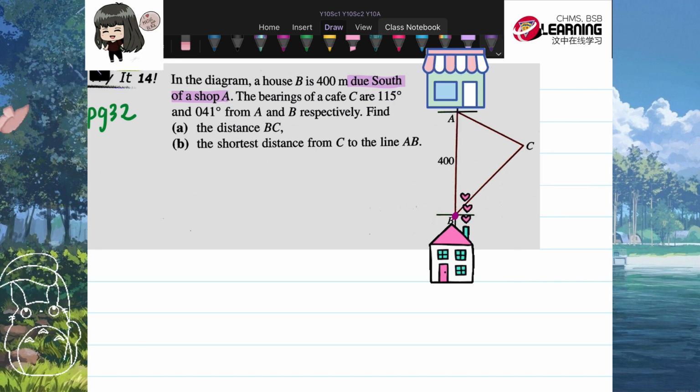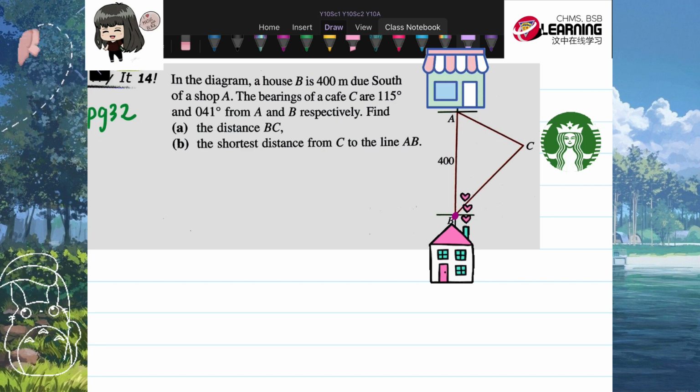Next thing is, the bearings of a cafe are 115 and 041 from A and B. Now, you have two bearings here, so don't confuse. I use a different highlight.